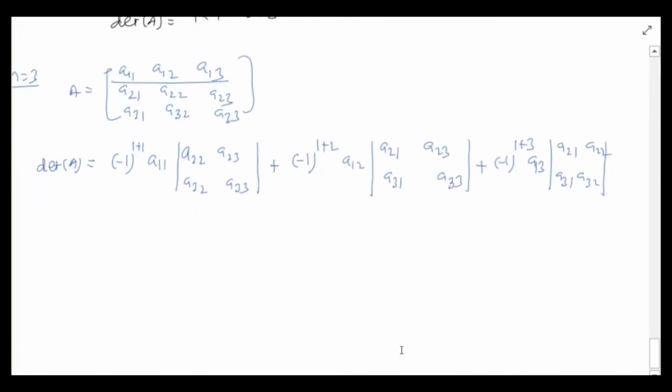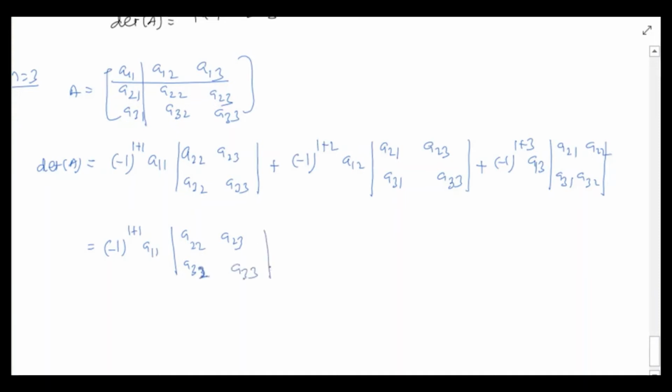Right? We could expand along the first column as well. In that case, we will get the following expression: minus 1 raised to 1 plus 1. So now I am expanding along the first column. So minus 1 raised to 1 plus 1, A11, times the determinant of the submatrix A22, A23, A32, A33.